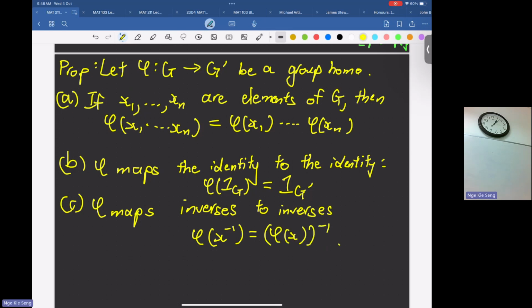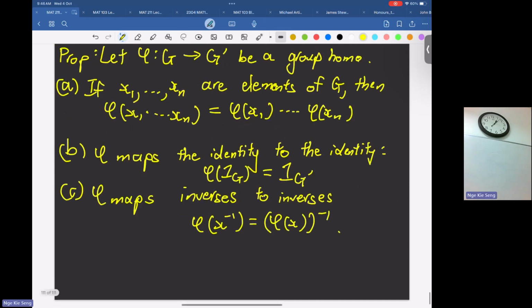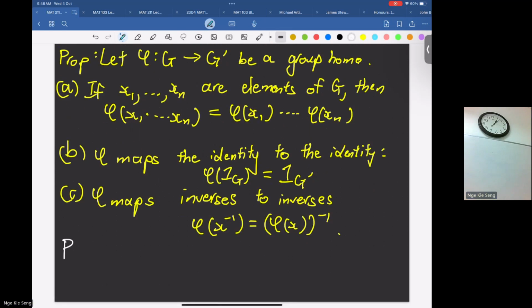So we're going to prove this. How are we going to extend the idea from 2 to n? You know how to multiply 2 elements.